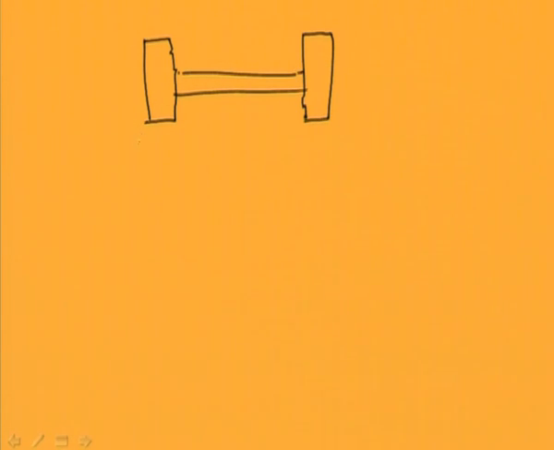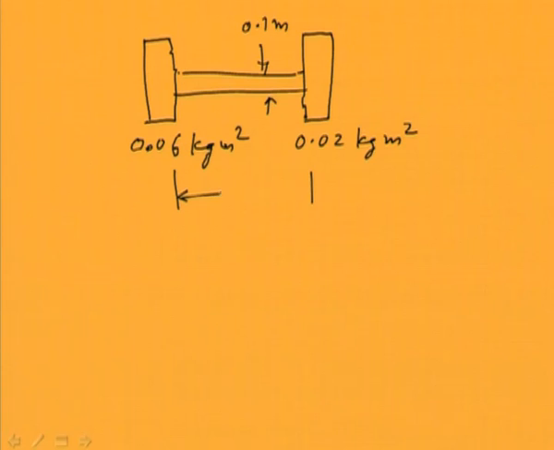and the polar mass moment of inertia of these are 0.06 and 0.02 kg meter square. The diameter of the shaft is 0.1 meter and the length of the shaft is 0.6 meter. Now the modulus of rigidity is given as 0.8 into 10 raised to 11 Newton per meter square.